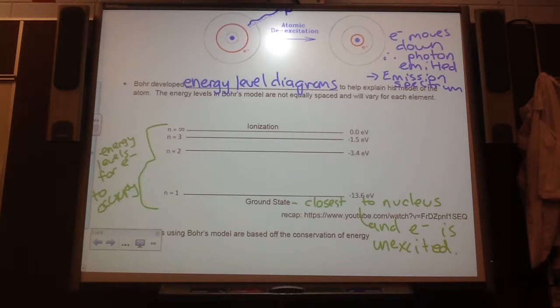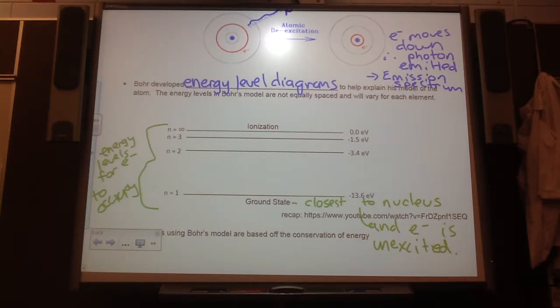Which one? Here. Ah, right. So it's releasing energy. It's releasing energy in the form of photons, which are shown in the emission spectrum.